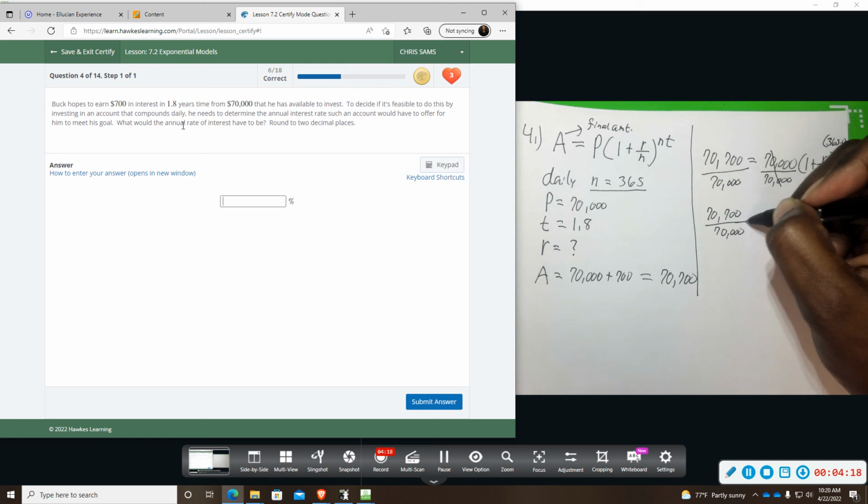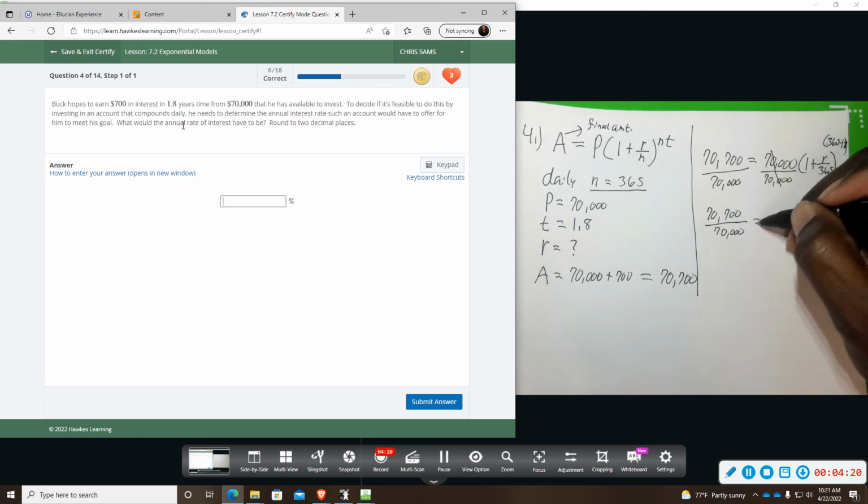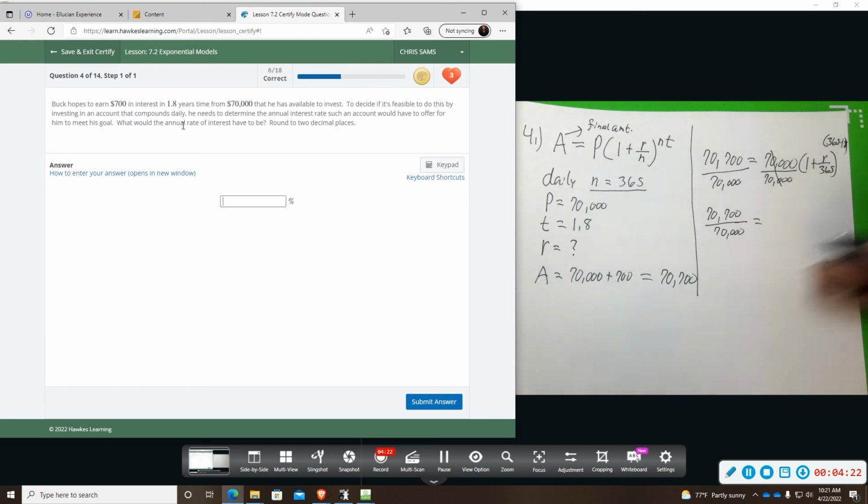This is probably one of the most challenging problems you'll see. Normally you just work it straightforward, but this one you have to work backwards, so just bear with us. 1 plus r divided by 365, and then that's raised to the 365 times 1.8 power.